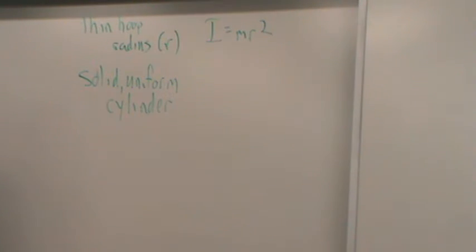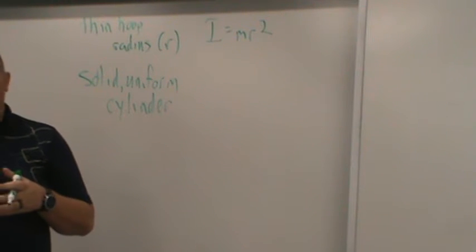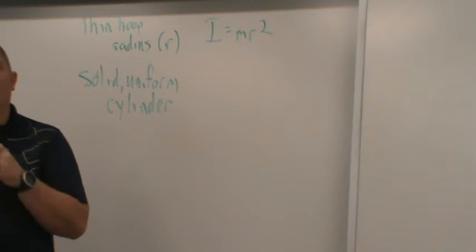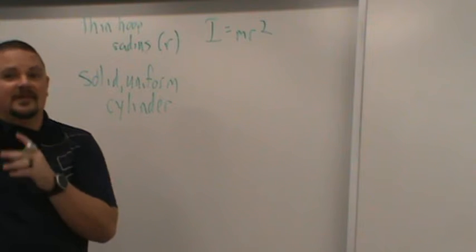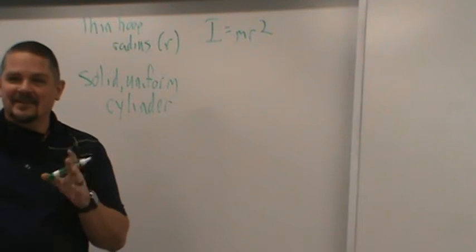Now, if we have a solid uniform cylinder, what would be an example of a solid uniform cylinder? A Pringles can, tires, anything like that.